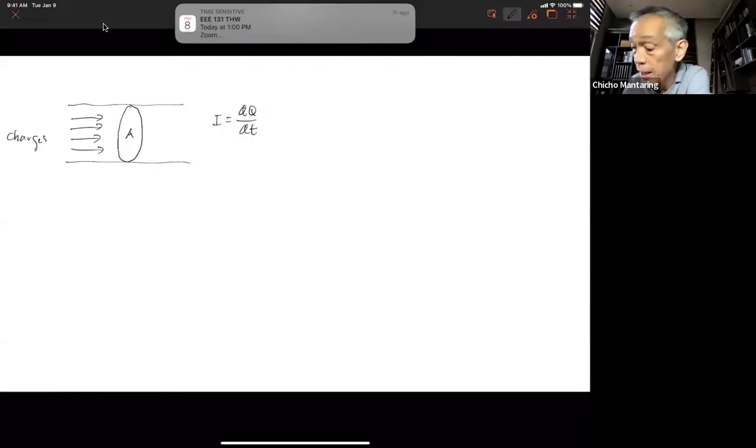And we define J, your current density, not charge density. Current density is just equal to I over A. By the way, current density is current per cross-sectional area, for example, current per square centimeter. So J will be 1 over A times dq/dt.